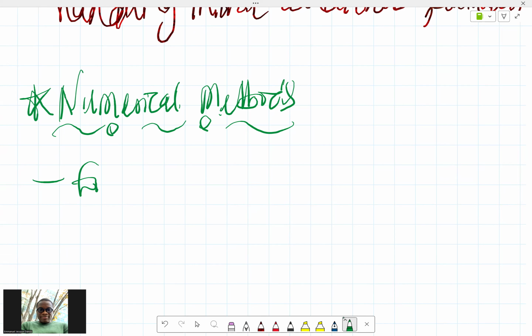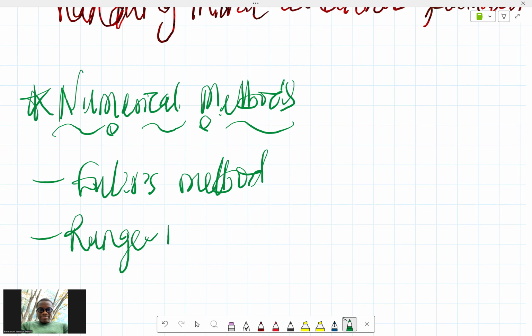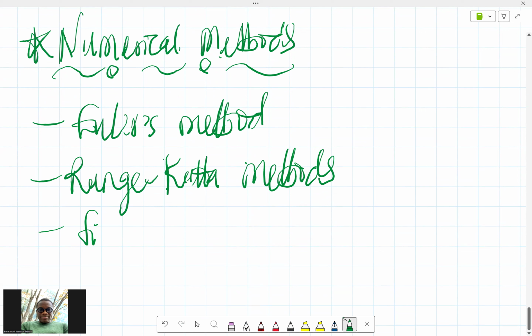Here we have methods like Euler's method, Runge-Kutta methods, and finite difference methods.